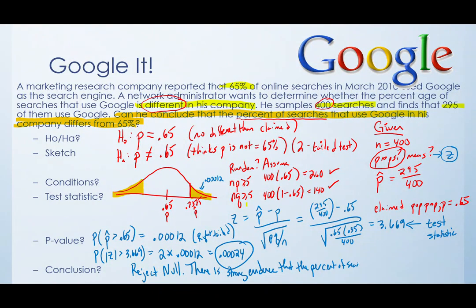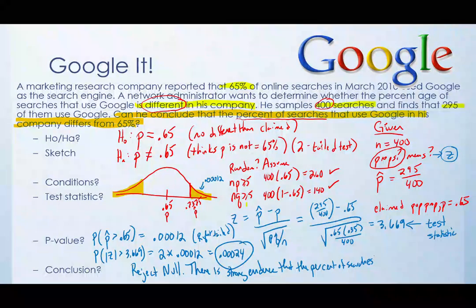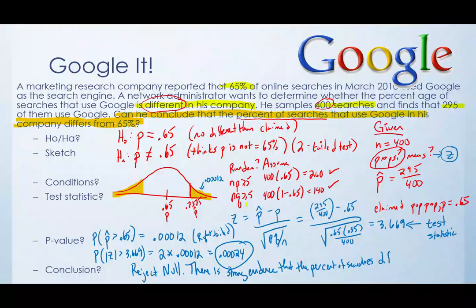So our test did not say whether it is higher or lower; it just decided it's not 65% anymore, and that's where we're at. All right, that's it for this one.